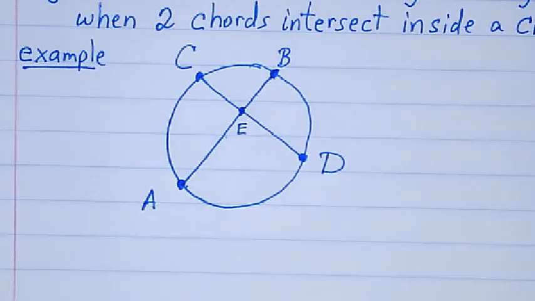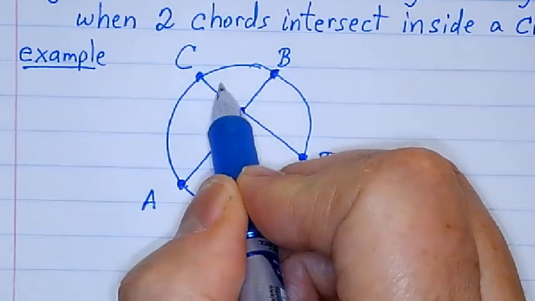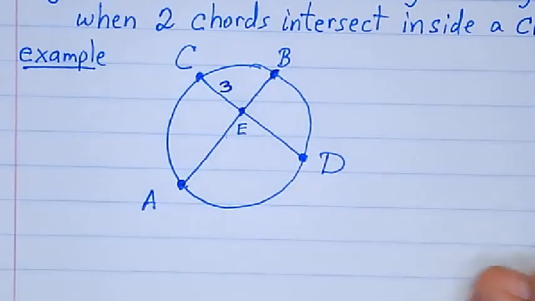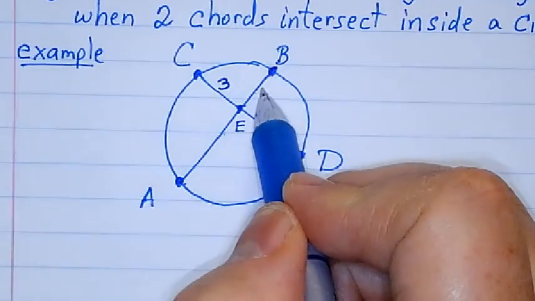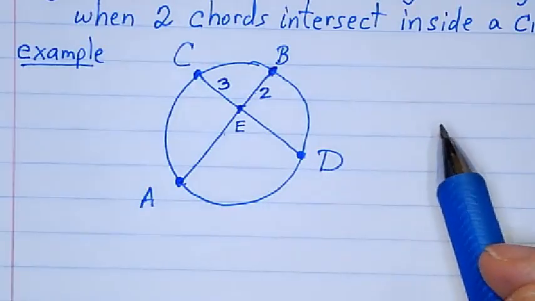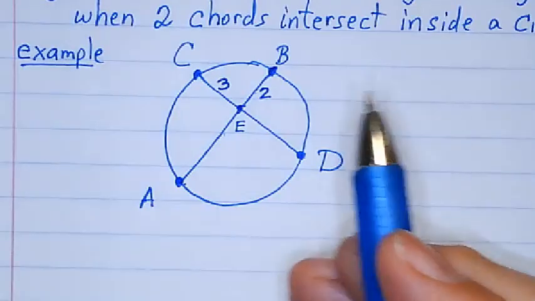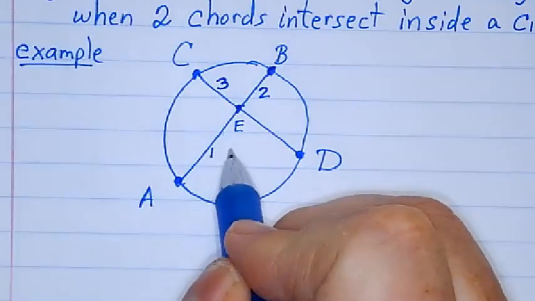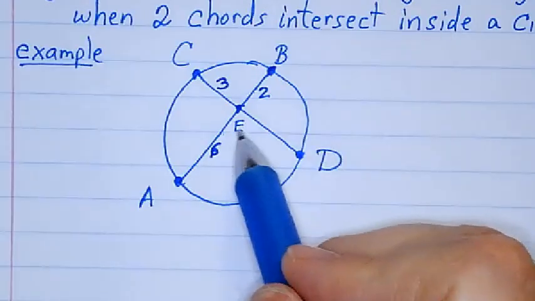Like, for example, supposing I told you that the segment length from C to E was 3 units. And supposing I told you that the segment length from B to E was 2 units. And then supposing I told you the segment length from E to A was, no, make it 6.